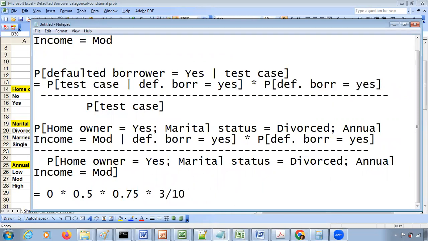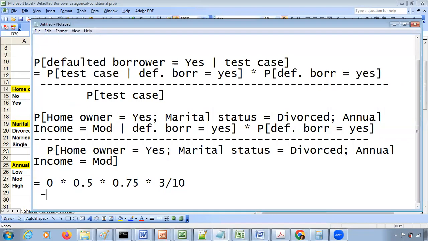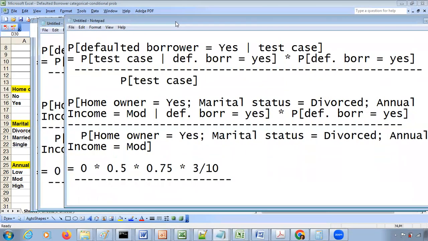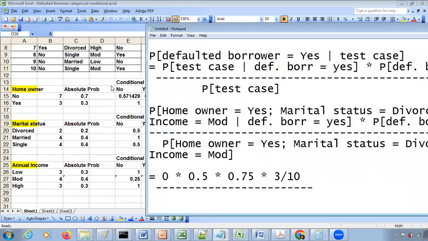3 of the 10 records had defaulted borrower as yes, divided by the absolute probabilities for each feature value. Homeowner equals yes, we have 0.3, times marital status is divorced, we have 0.2 as a probability, and income is moderate, we have 0.4 as a probability. But since we have a 0 in the numerator, the whole thing will evaluate to 0.